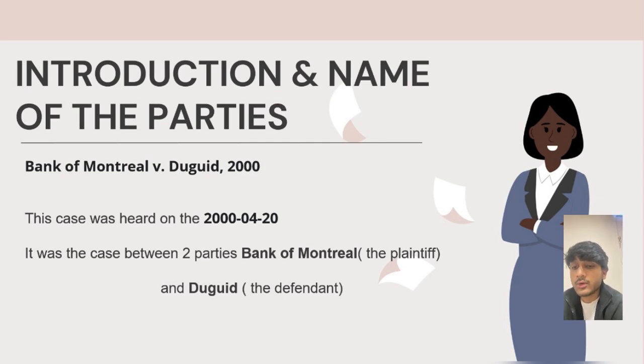The Bank of Montreal gave a loan to someone else and Duguid guaranteed it. When the loan wasn't repaid, BMO asked Duguid to pay, and he argued that BMO didn't tell him the important facts about the borrower's financial problems when he signed the guarantee. The case focuses on whether BMO had a duty to share that information or not.